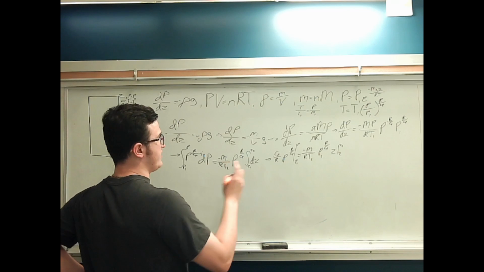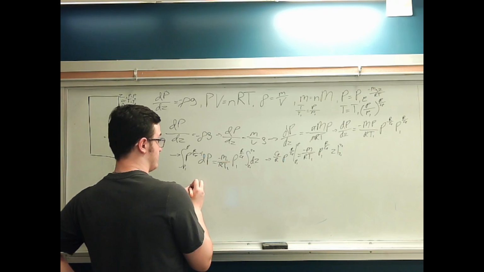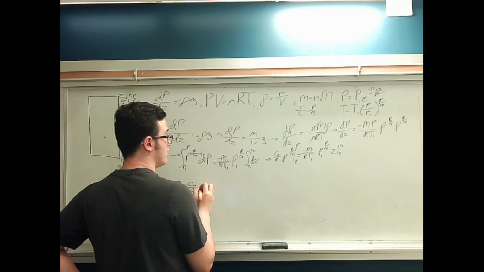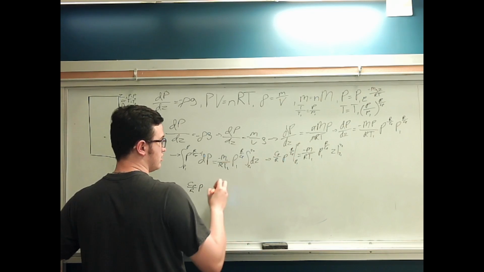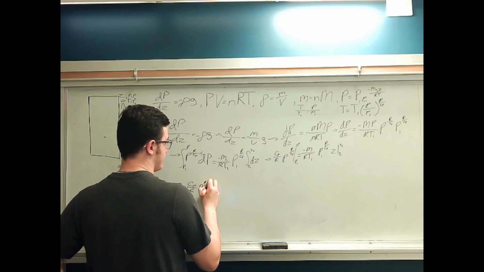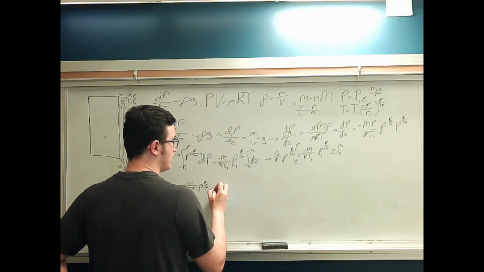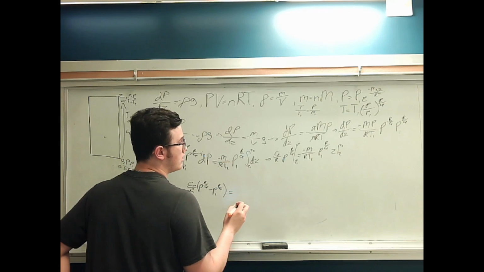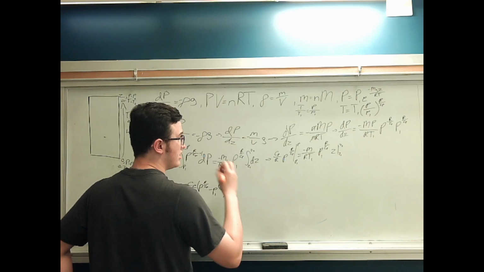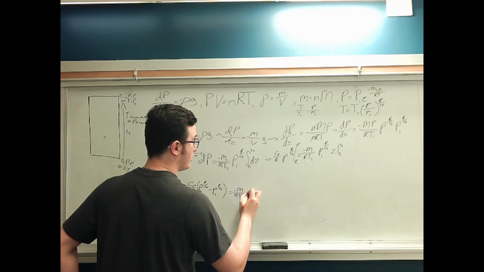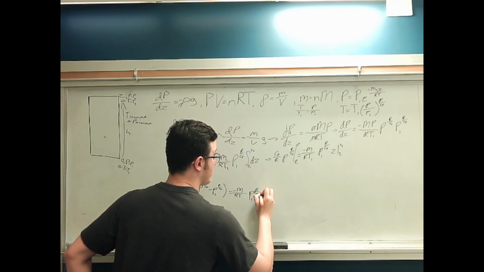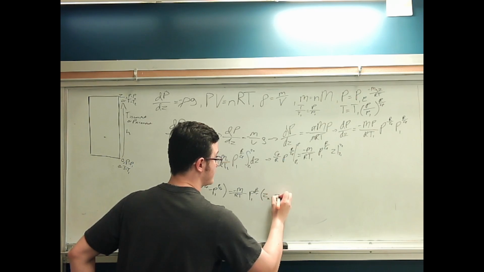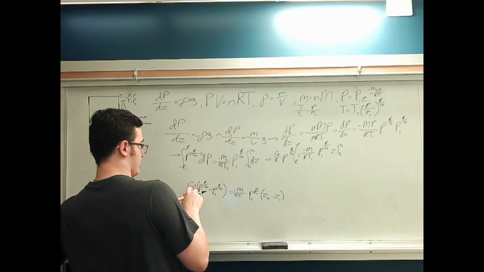So, this means that Cp over R times pressure to the R over Cp minus P1 to the R over Cp is equal to negative M over RT P1 to the R over Cp times Z2 minus Z1, and then we can copy this over.